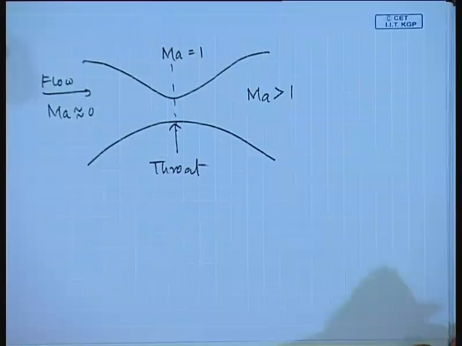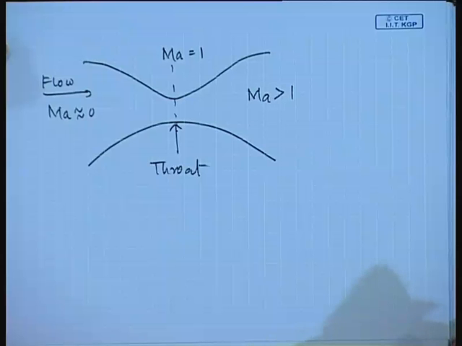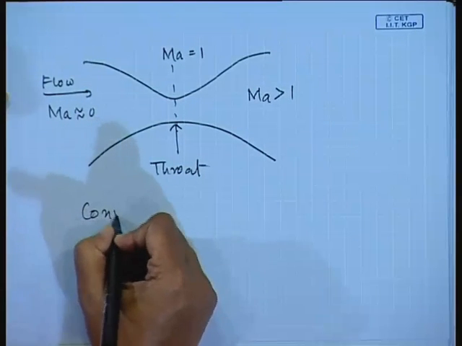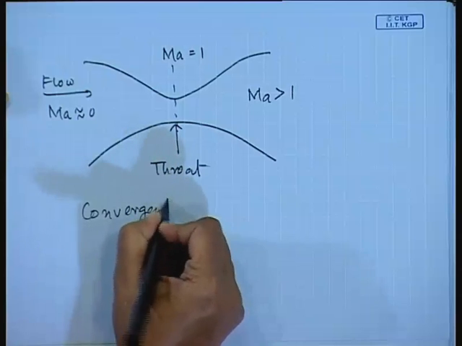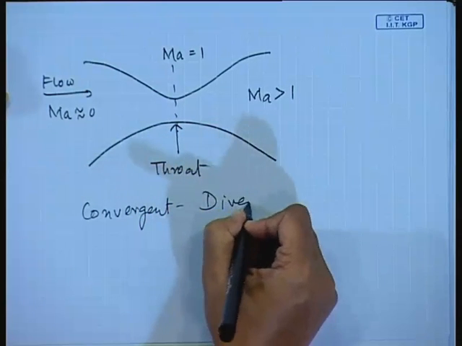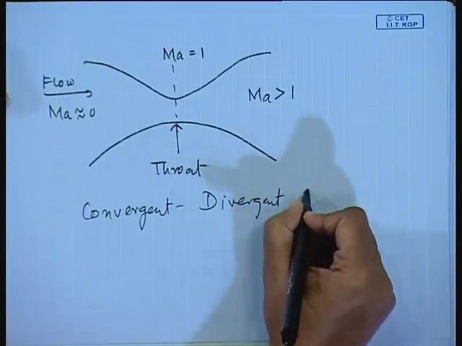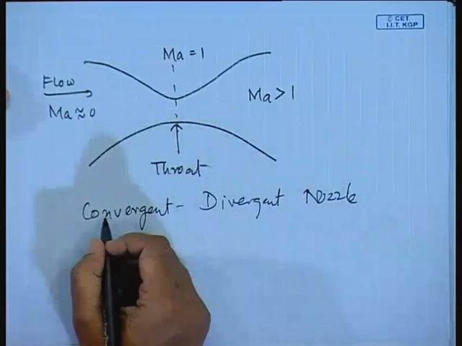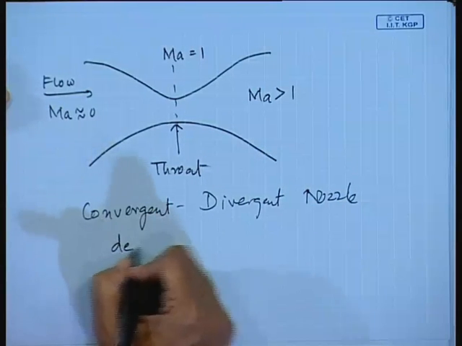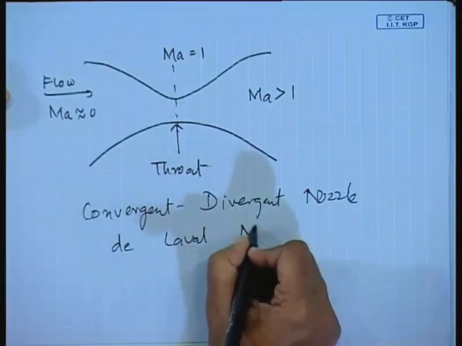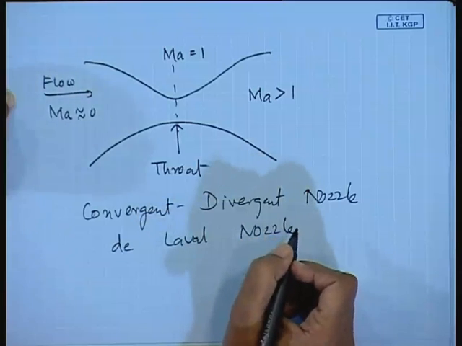It has to converge in the subsonic portion and diverge in the supersonic portion. Such nozzles are known as convergent divergent nozzles, or de-Laval nozzles, named after the person who first used and designed it.